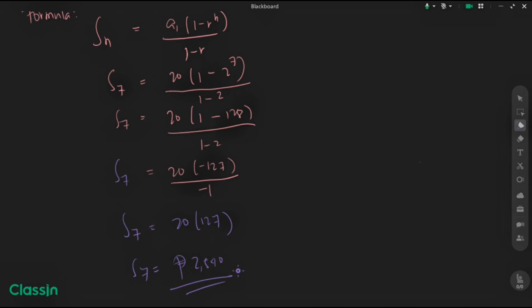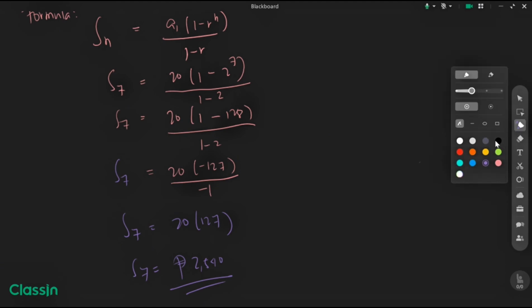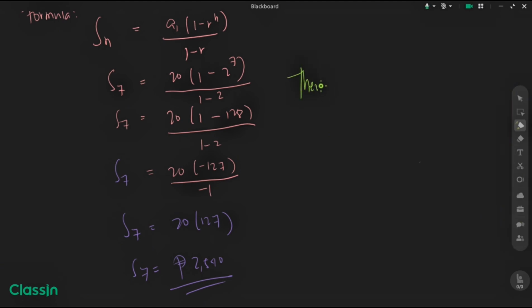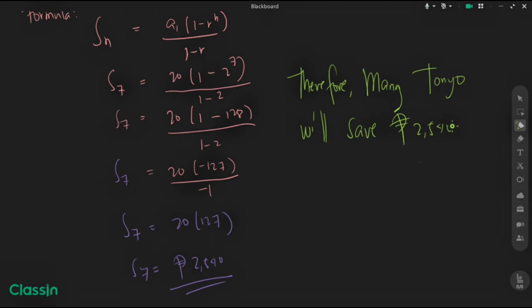Therefore, Mang Tonyo will save 2,540 pesos in 7 days.